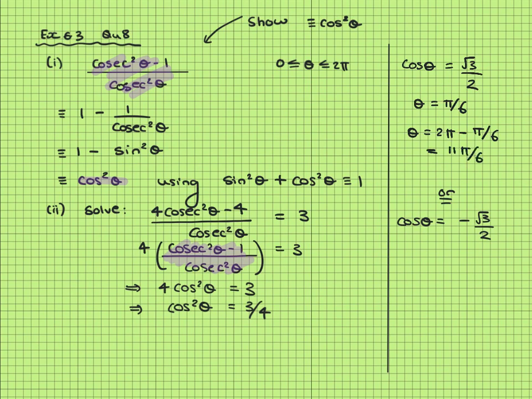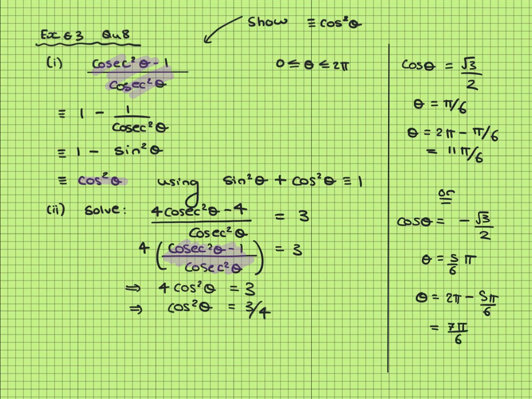Cos theta equals negative √3 over 2 gives us an answer of 5/6 pi. And again, you can get the second answer by simply doing 2 pi take away 5 pi by 6, which then gives us an answer of 7 pi over 6.